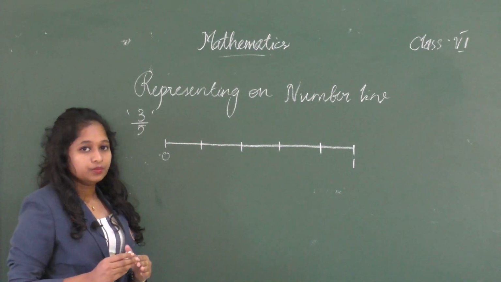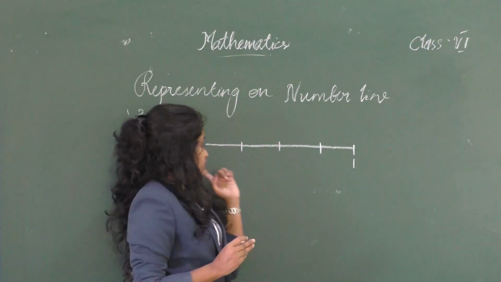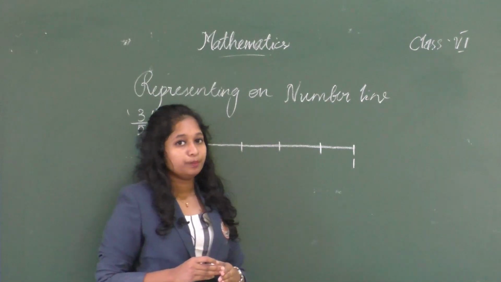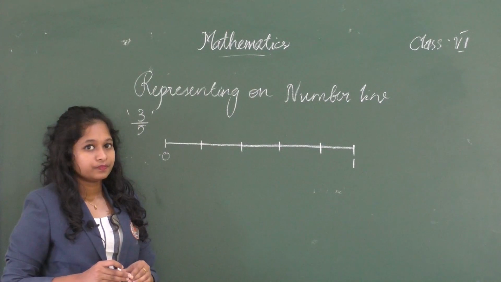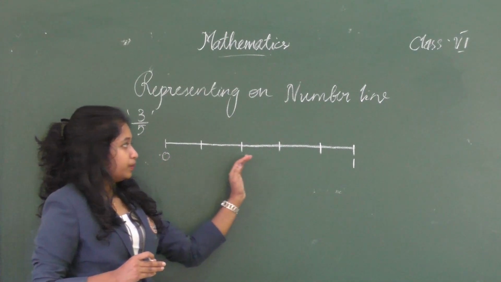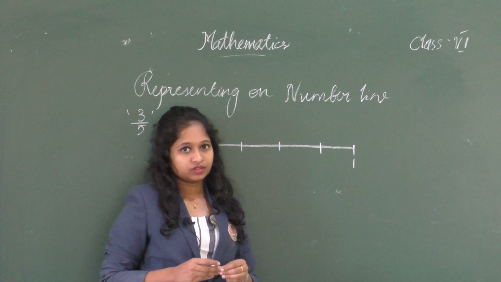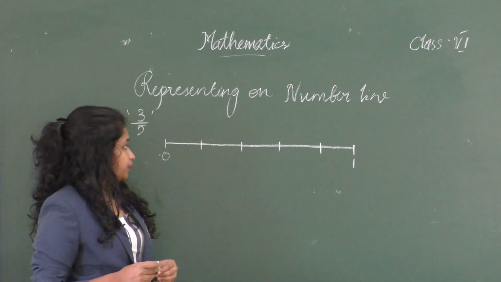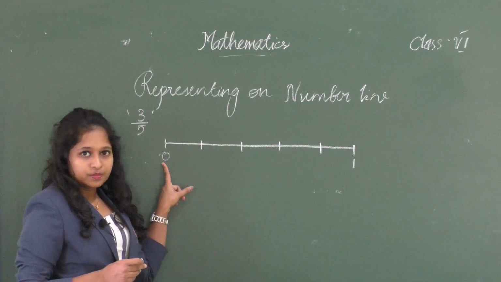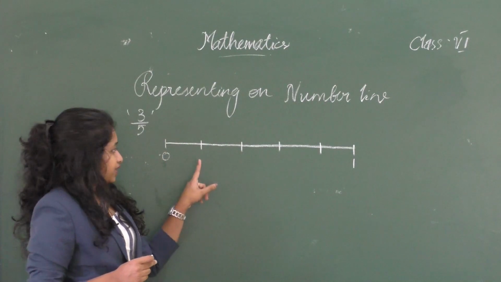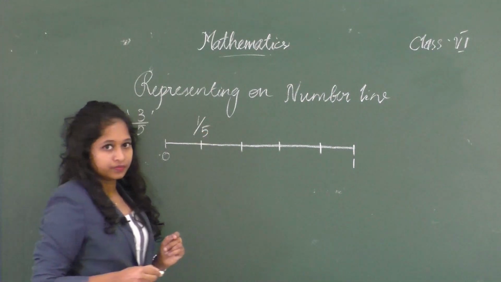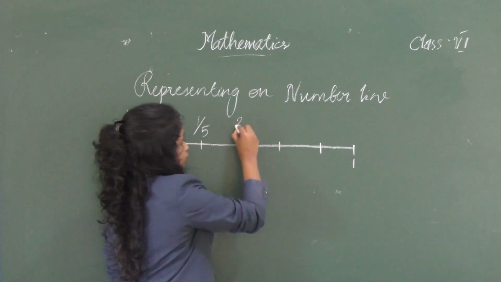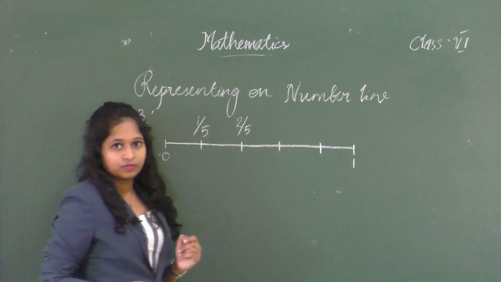So from 0 to 1, make 5 equal parts and then mark the points. Got it? So, first point is 0. The next point will be 1 by 5. Next, 2 by 5.